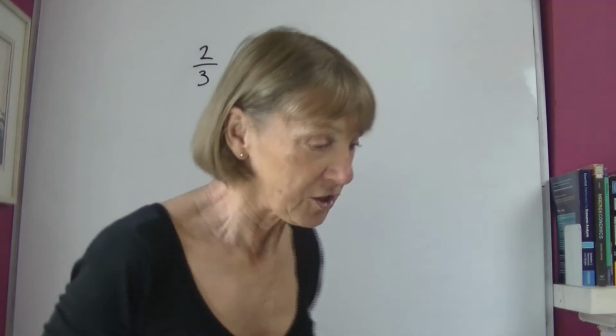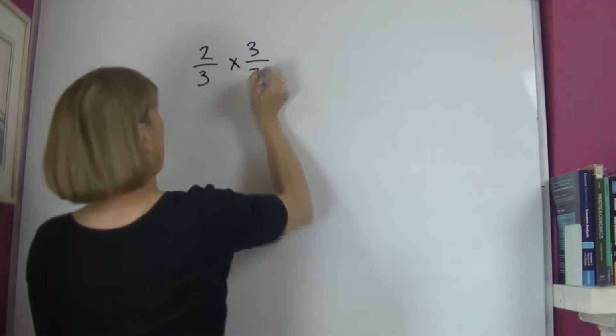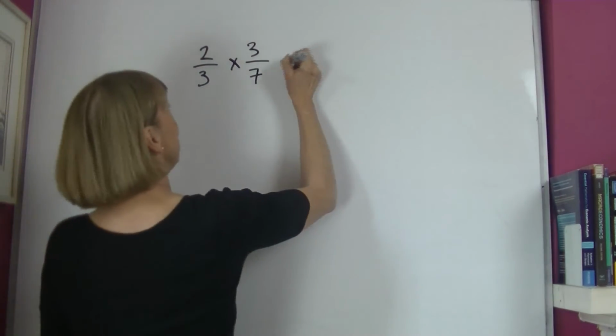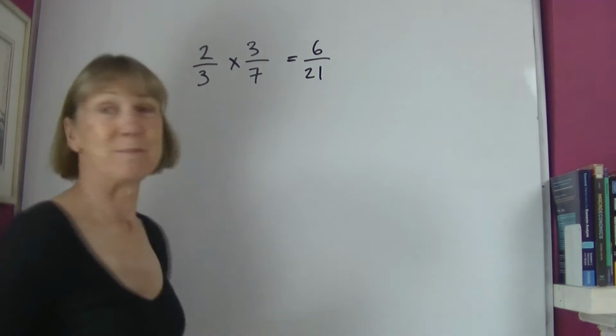So let's first of all look at how we multiply fractions together. Let's say we want to multiply those 2 fractions. That is incredibly easy. We simply multiply the tops and multiply the bottoms.